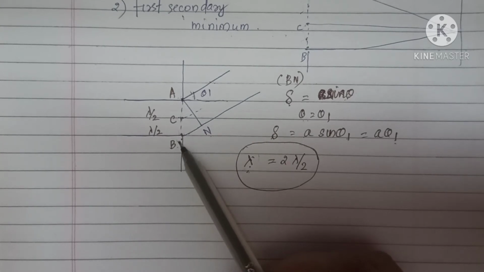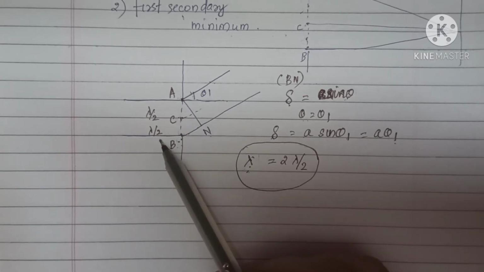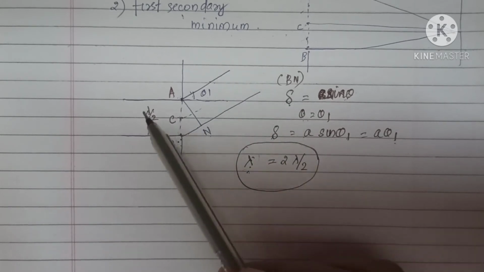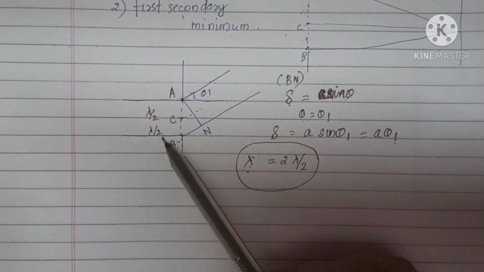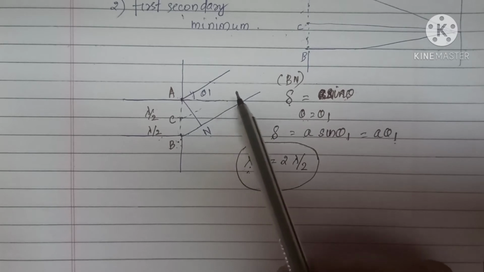Now what will happen? This lambda by 2 as well as this lambda by 2 will start to interfere. So if lambda by 2 path difference is coming, what will be the result? The result will be dark, isn't it? First minimum.